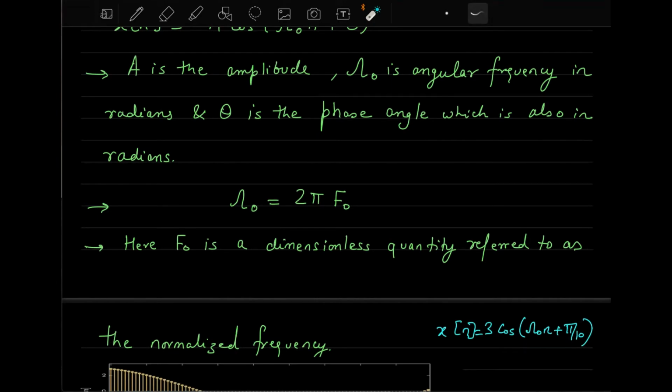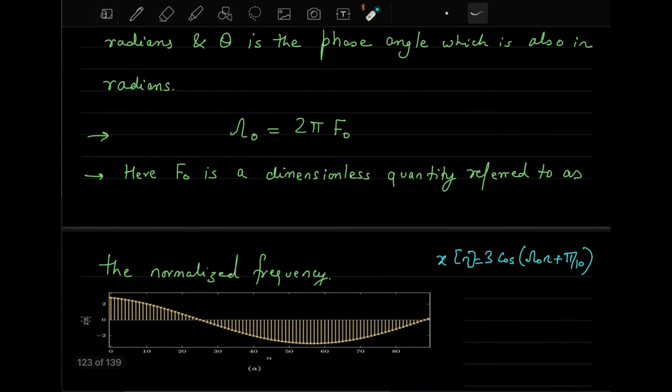It is referred to as a normalized frequency, and this is a dimensionless quantity. It's very important to note these points. I will discuss more about this f0 and why it is called a dimensionless quantity and a normalized frequency in our next slide, but for now, you can keep this in mind.